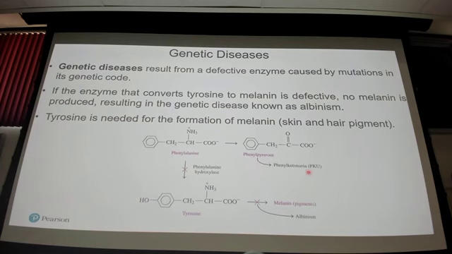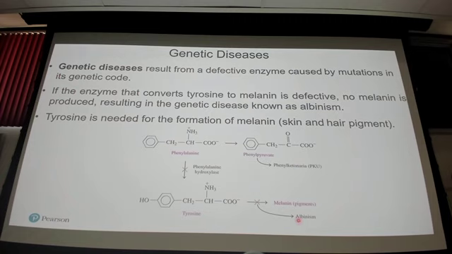Phenylpyruvate and phenylacetate are toxic to the central nervous system, so that will cause mental delays and mental disabilities in children that have phenylketonuria. There are some treatments that you would give to those children, and we're going to talk about that in future blocks.